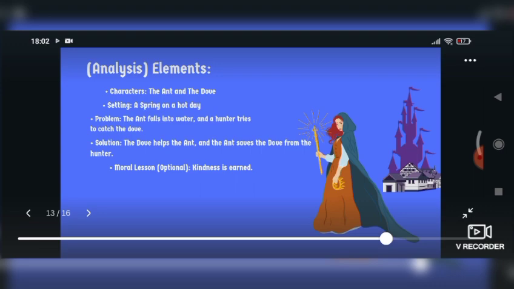And solution: the dove helped the ant and the ant saved the dove from the hunter. And also there's a moral lesson, but mind you that a moral lesson only applies to specific kinds of stories, so there's no need for a moral lesson in the main categories. So those are the elements that we just analyzed.